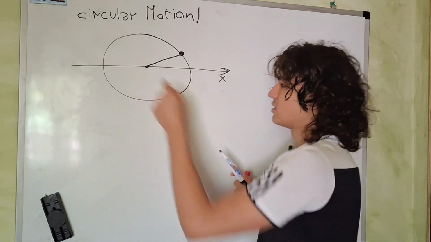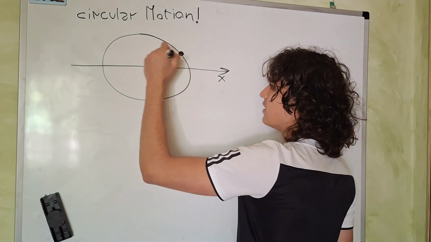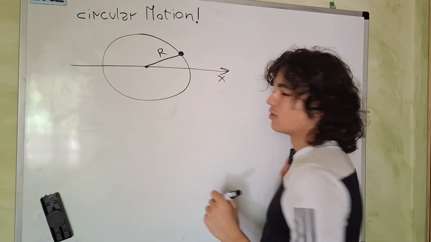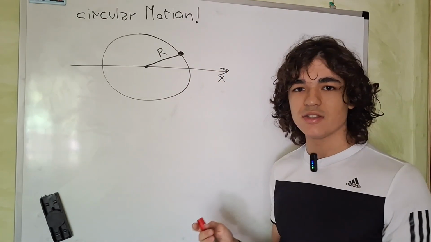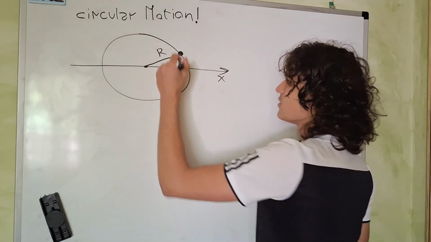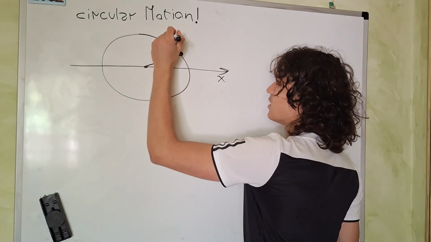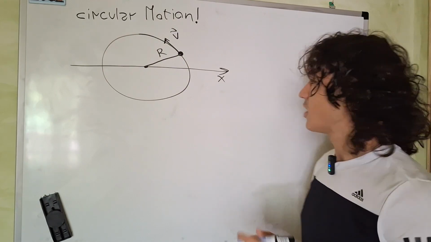So we just put the origin at the center of the circle because now this arrow here has a constant length, because this is the radius of the circle and the radius of the circle is constant. Now let's say that this particle is moving with a velocity v in this counterclockwise direction.